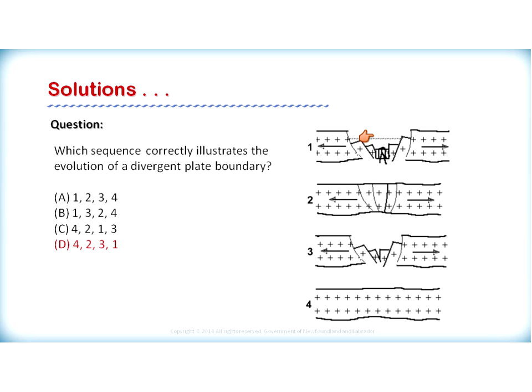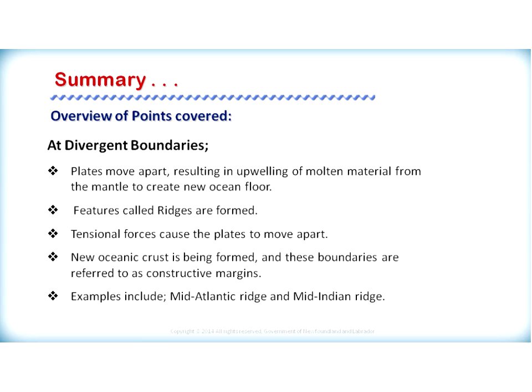And finally, diagram 1, the rift valley with some volcanism producing a ridge system in the middle and surrounded by ocean water. So our answer is D, diagram 4, followed by diagram 2, followed by diagram 3, and finally diagram 1.